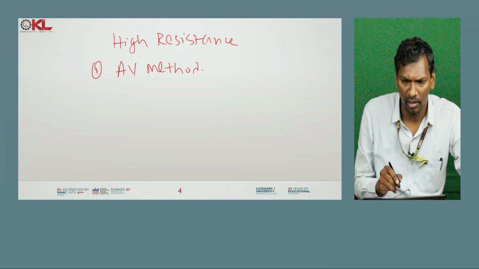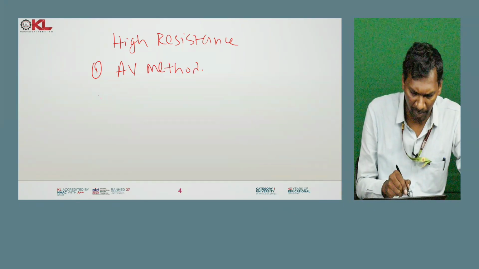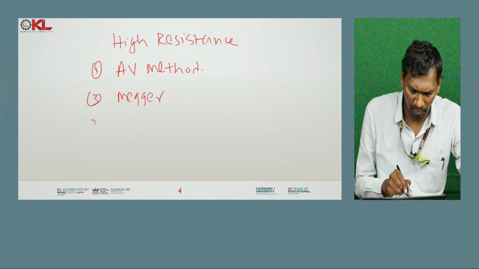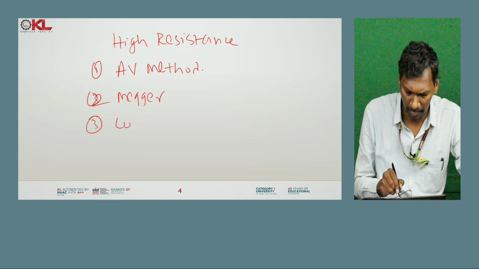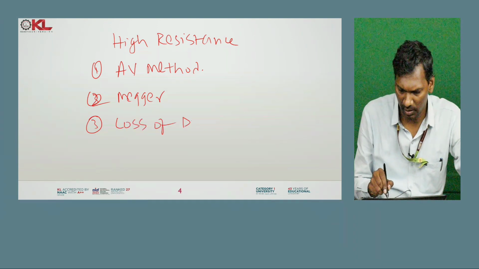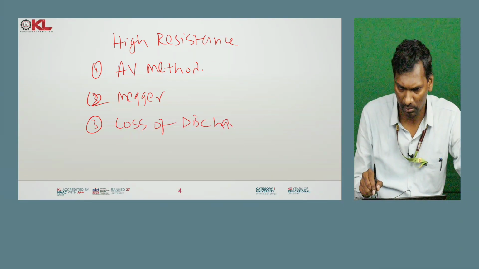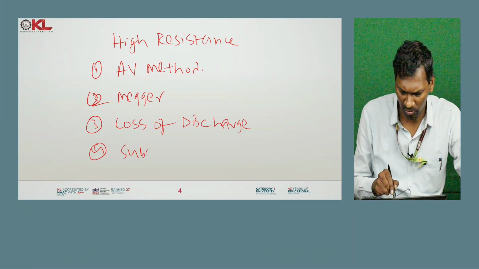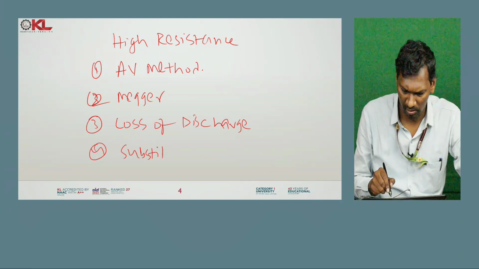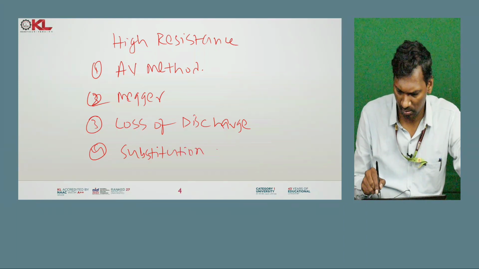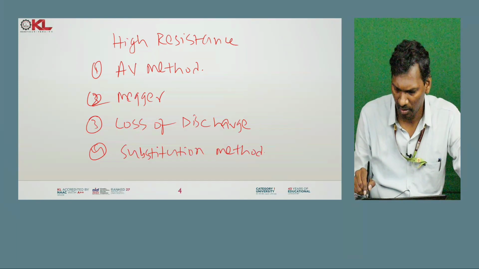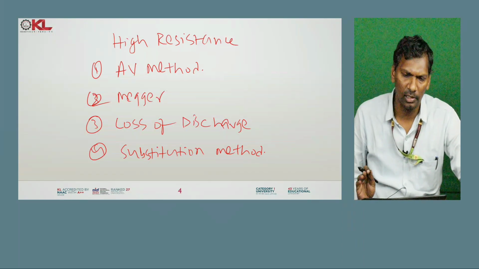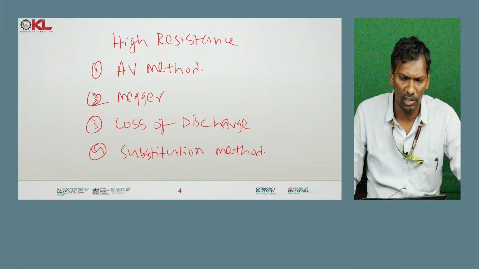Second one is the Megger. Third one is the loss of discharge. Another one is the substitution method. So these are the different methods for the measurement of resistance.